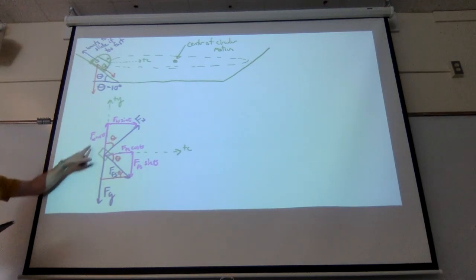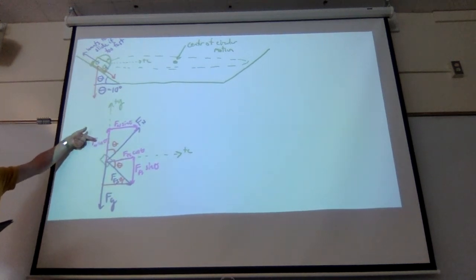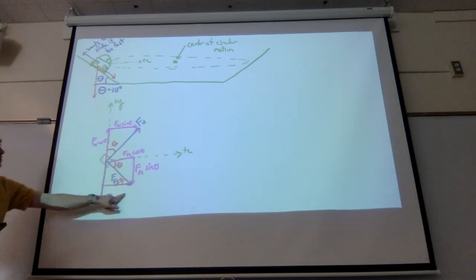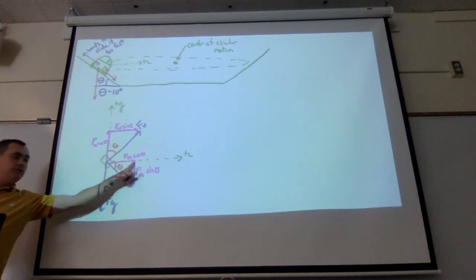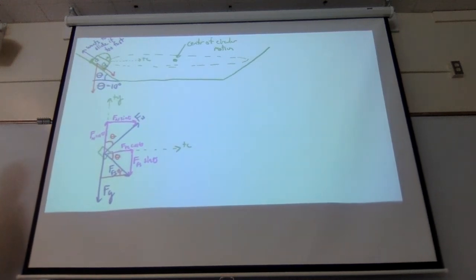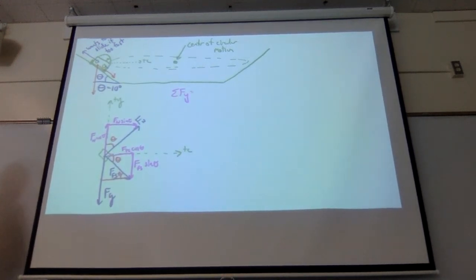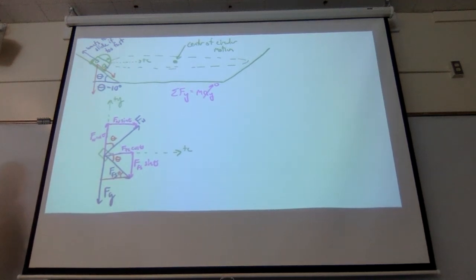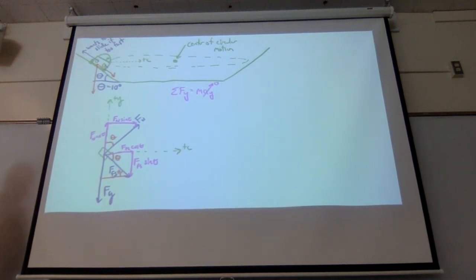So I've got a vertical force here that's in our y direction, a negative one in the y direction, and then I've also got this one hiding over here that's in the negative y direction. So if I write out the sum of forces in the y direction equals MAY, it's not moving up or down in that direction, it's staying at that same level.